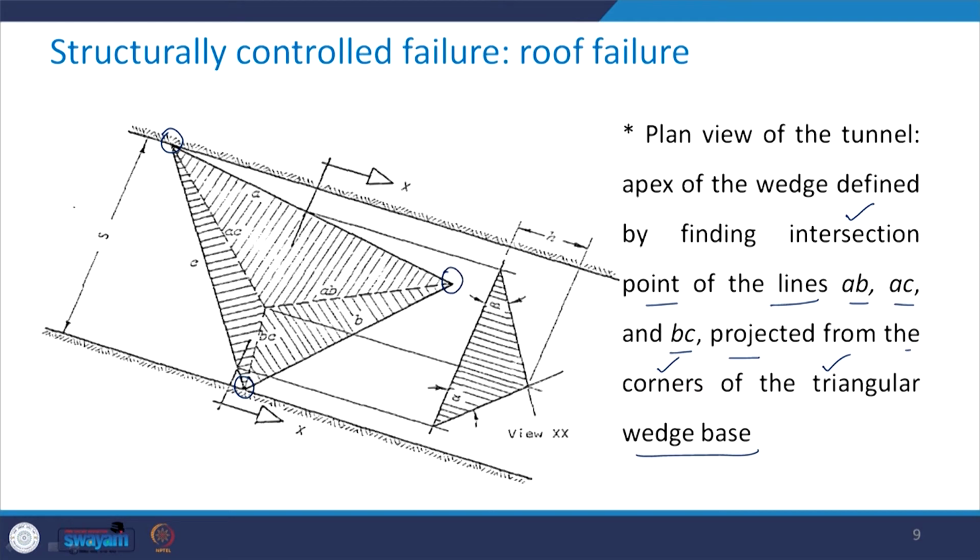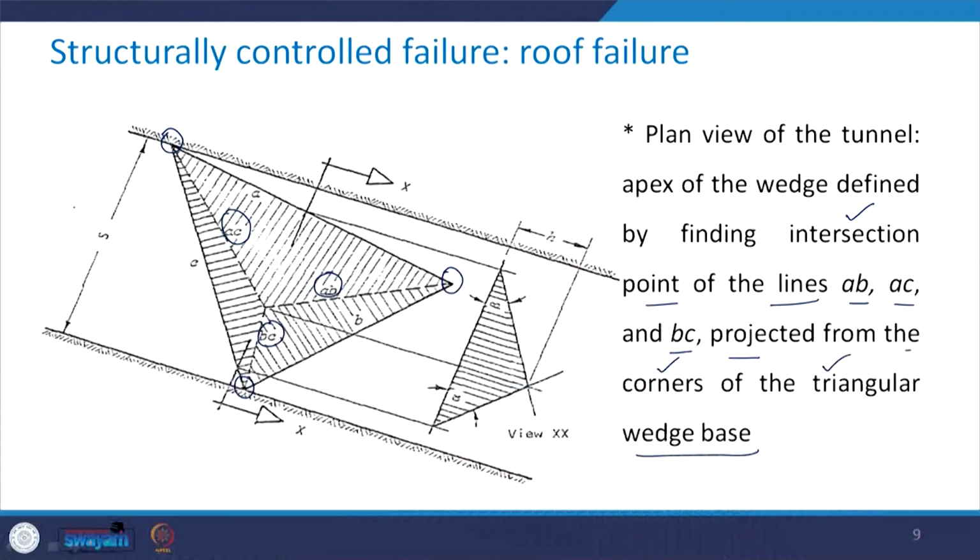These lines AB, AC and BC can be drawn from these corners in such a manner that these lines are parallel to the corresponding lines in the stereographic projection. So, wherever these three will intersect, that is going to give you the apex of the wedge.